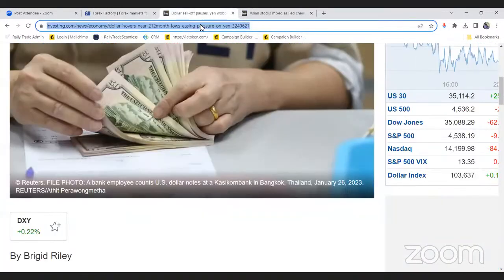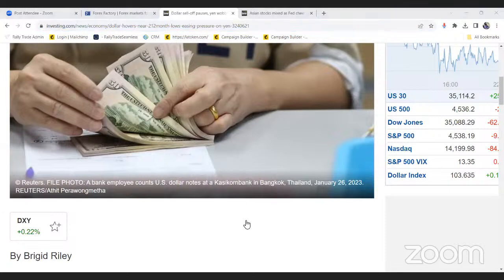I could drop the link to this information for those who love to read, which I just dropped in the chat, so that you can look into it to understand why the dollar is still around lows, and why we may not really expect it to head back up.